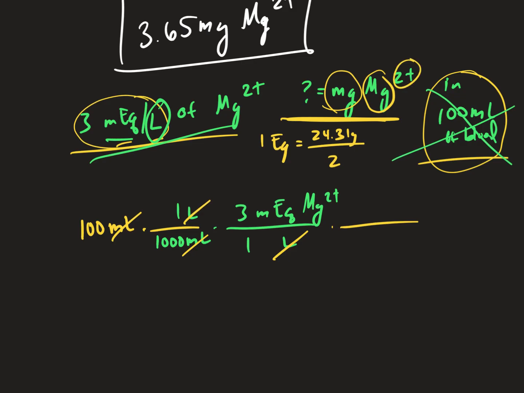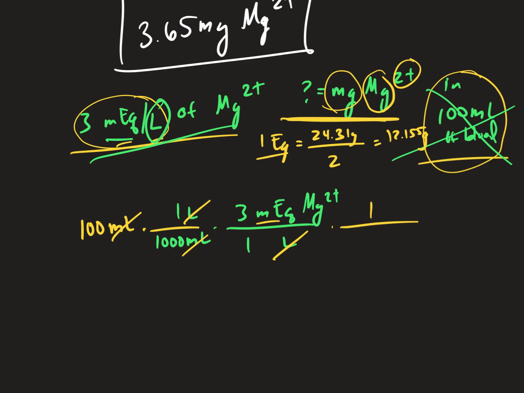Good? So that's going to be 12.155, is that right? 12.155 what? Grams, right? So, okay, that's equal to 1 equivalent. So what do I convert this down here to? To equivalents, right? What goes on bottom? How many? 3, right? Well, does milliequivalent cancel equivalents?